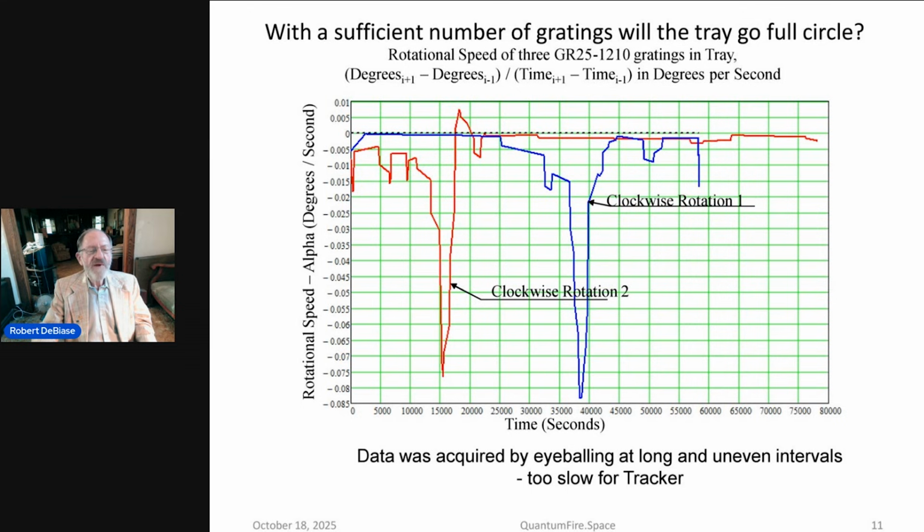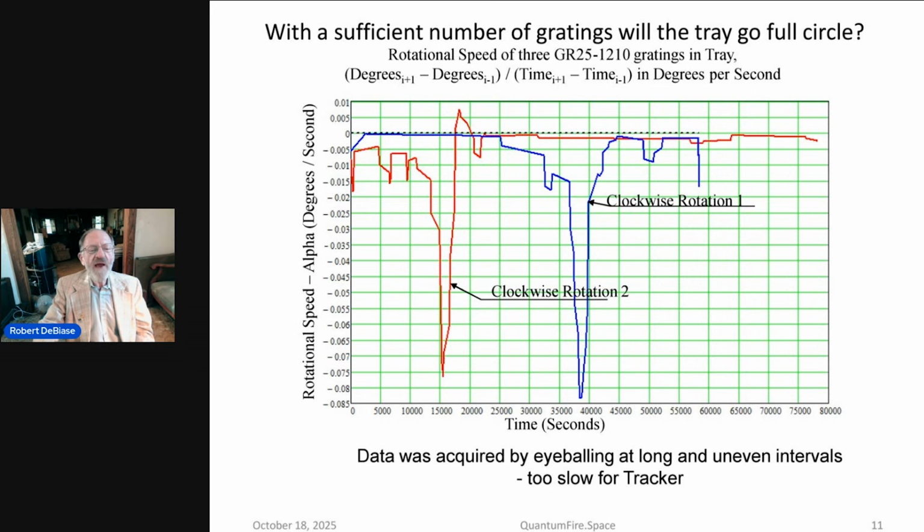So it has really horrible velocity characteristics here. But for the blue one, all of the readings are below 0, so they're all going clockwise. For the red, there's a brief excursion here.